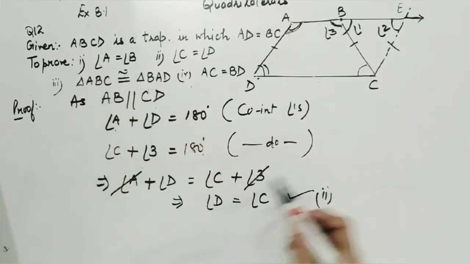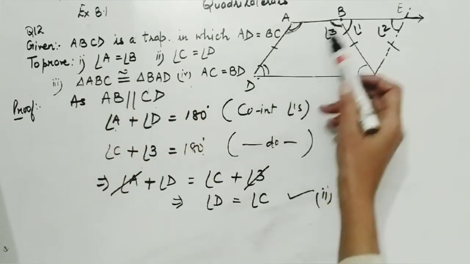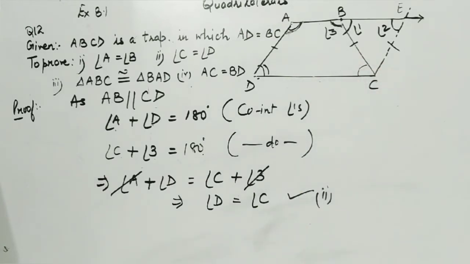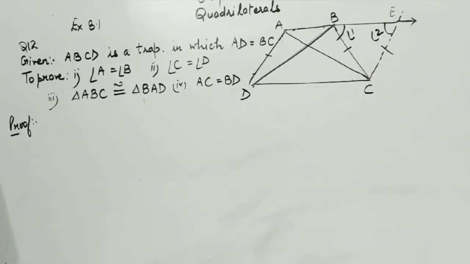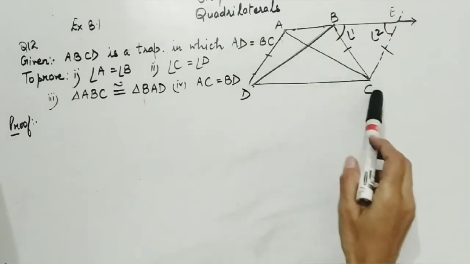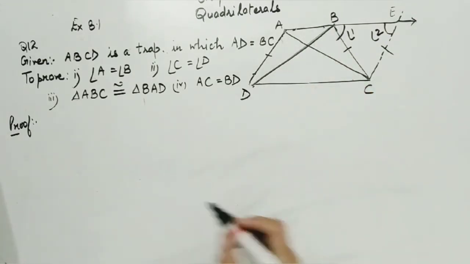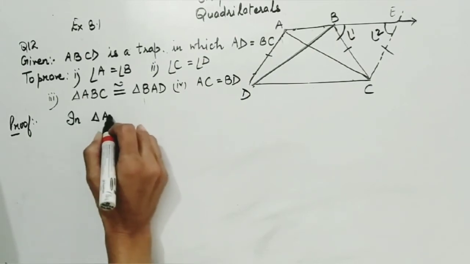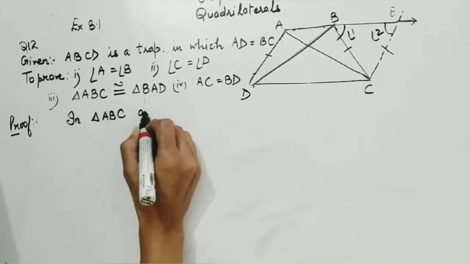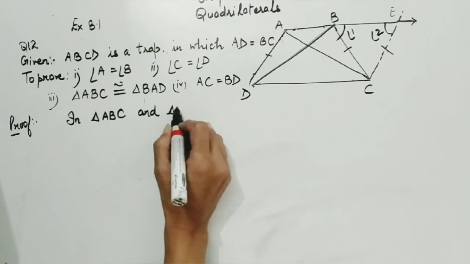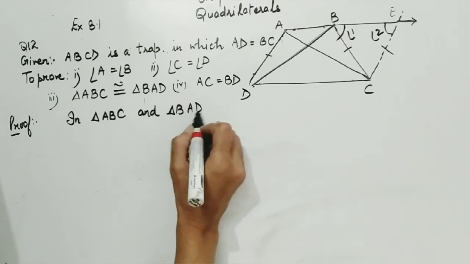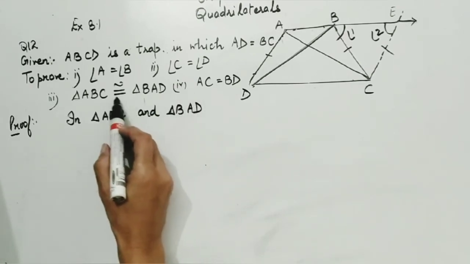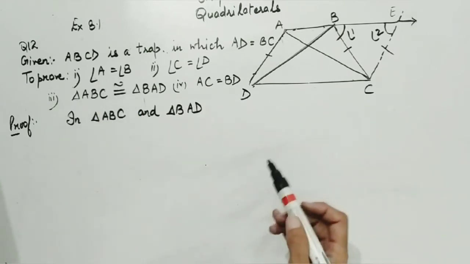For third case, we need to draw diagonals. Diagonal AC and BD. Diagonal AC and BD is drawn. Now let's take these triangles. In triangle ABC and triangle BAD, minimum 3 matching parts are required to prove any set of triangles congruent.